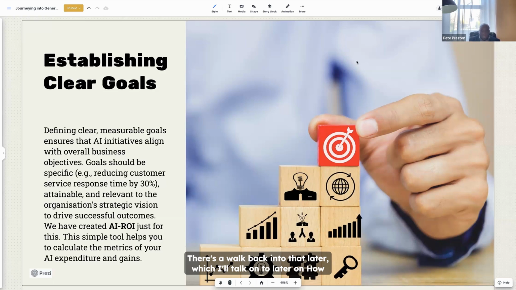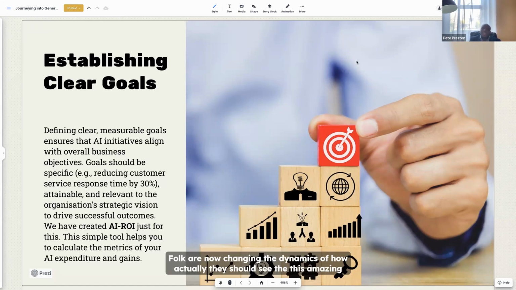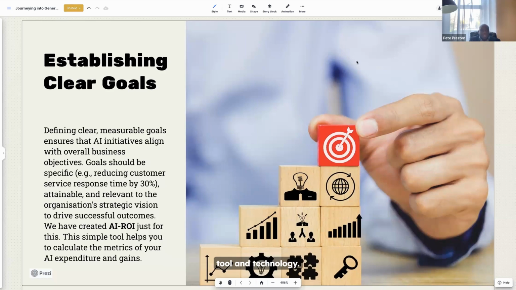There's a walk back on that, which I'll talk about later, where ethics and considerations kick in. Folks are now changing the dynamics of how they should see this amazing tool and technology.